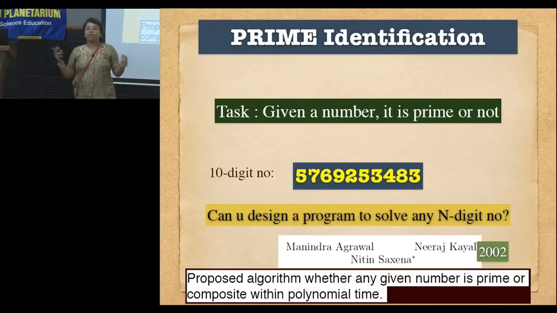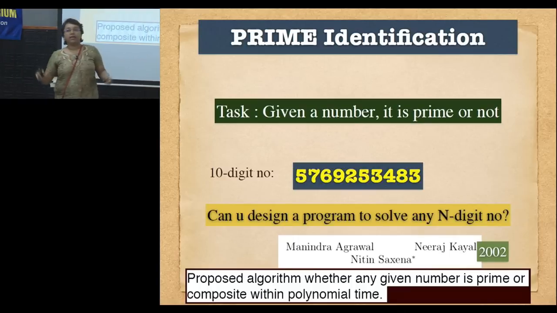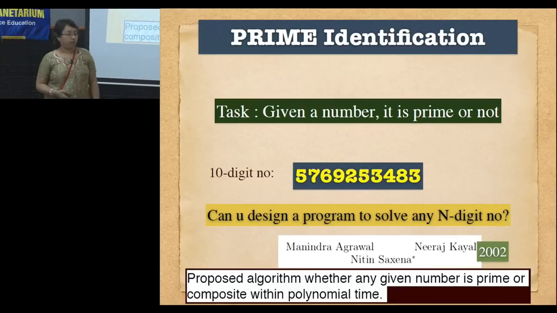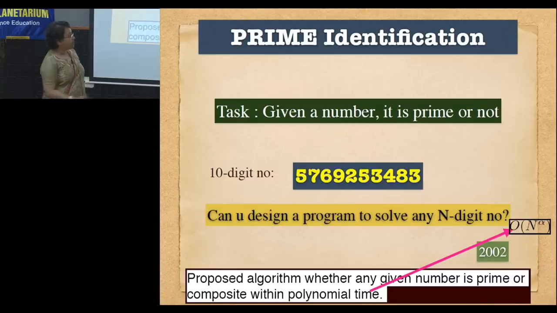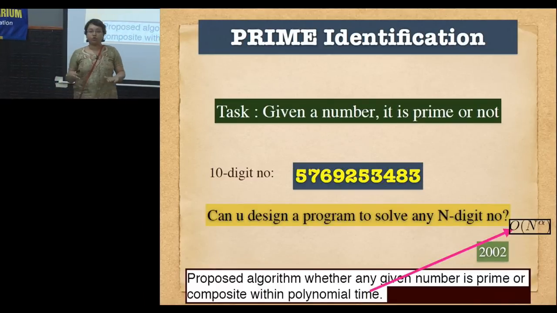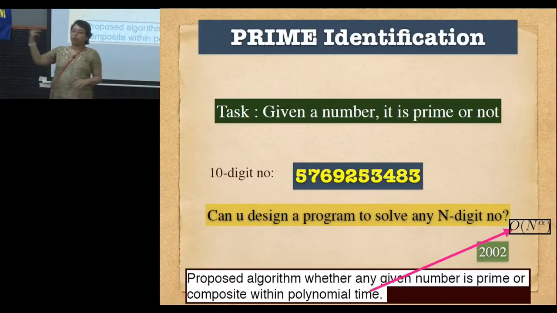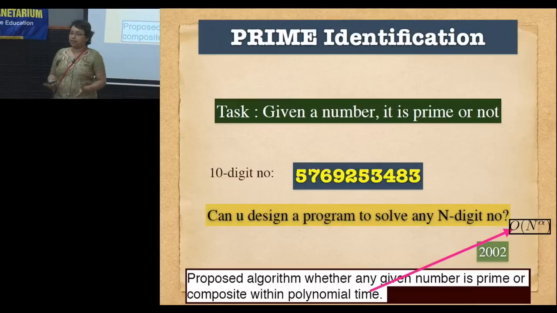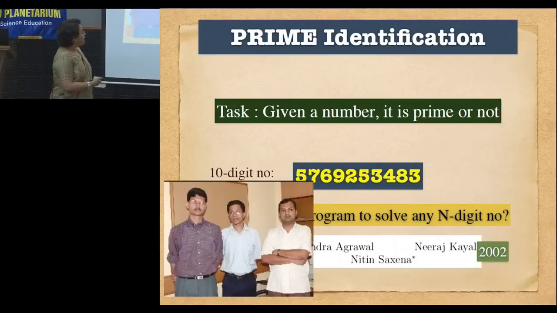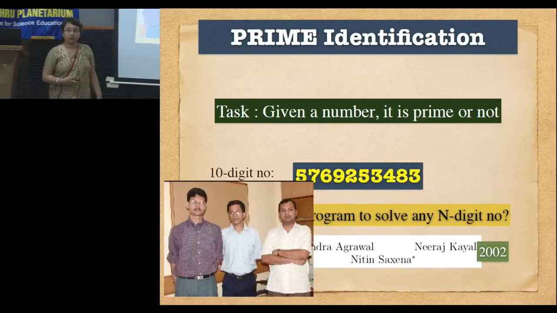Whatever I was saying about reasonable time, reasonable means mathematically polynomial time. So if you have an n-digit number, then the number of steps taken in the algorithm should be of the order of n square, n cube, like that. Then I call it polynomial time. These are the people who solved this problem.